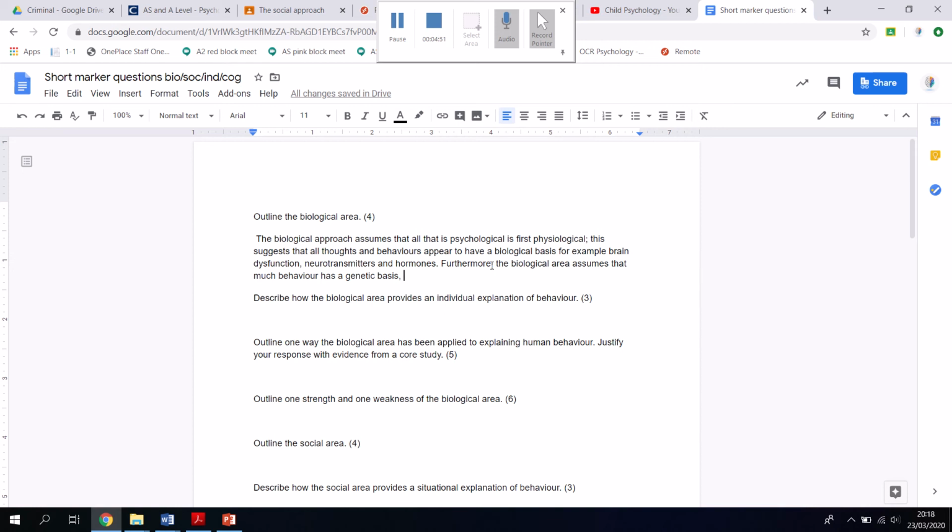So anyway, furthermore, the biological area assumes that much behaviour has a genetic basis.